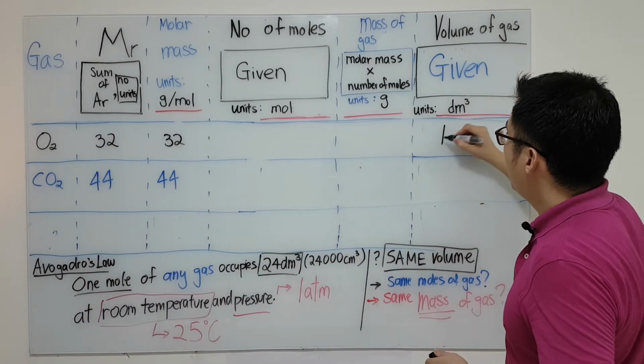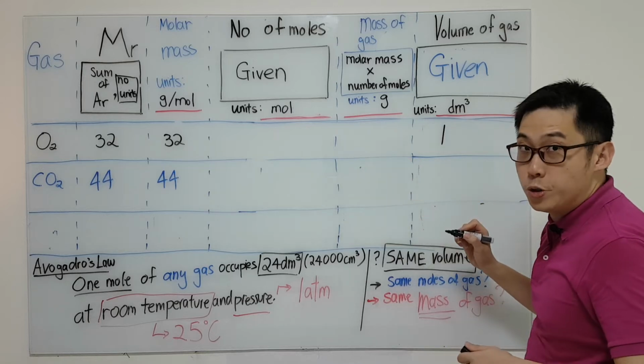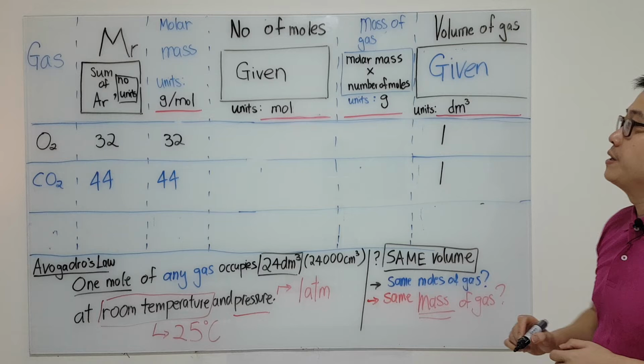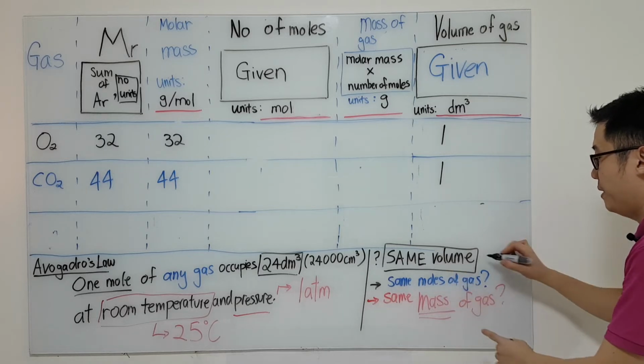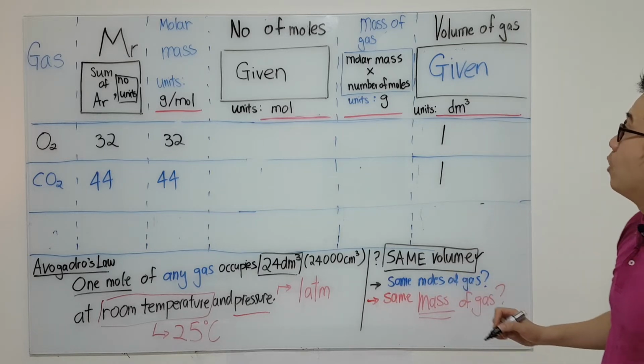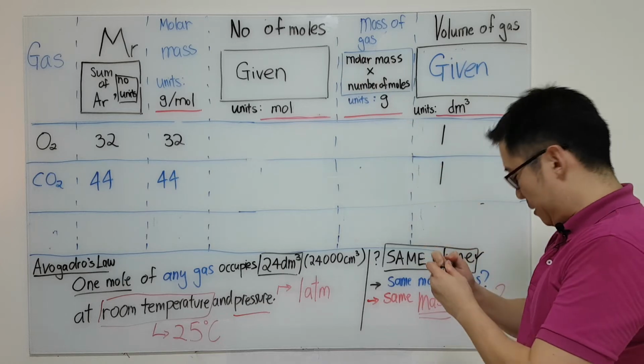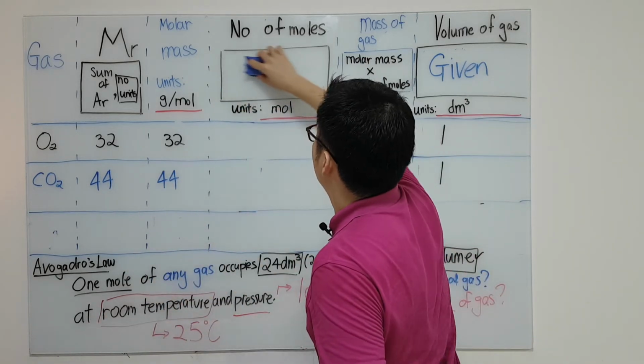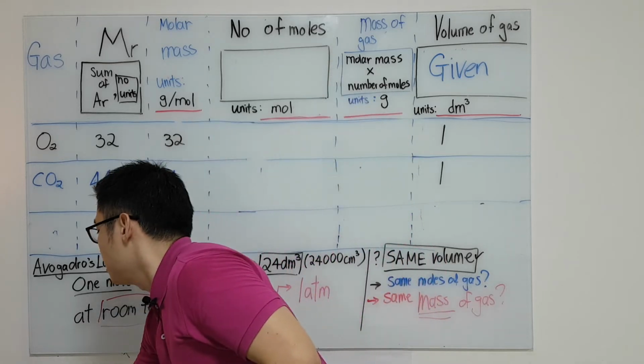Now, students, this is given. I'm going to consider 1 dm cubed of O2 gas and 1 dm cubed of CO2 gas. Now they have the same volume, it's given. Would they have the same moles of gas? No. In this case, the formula to use is this.